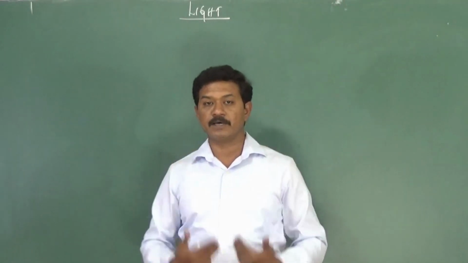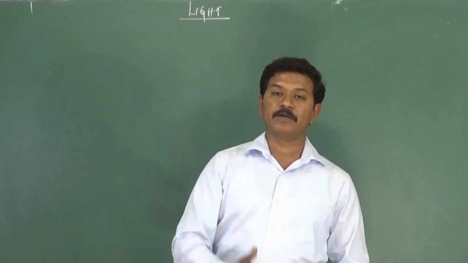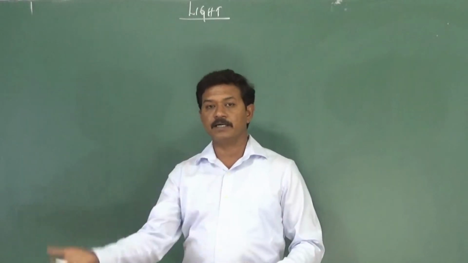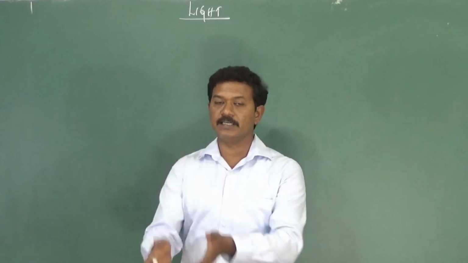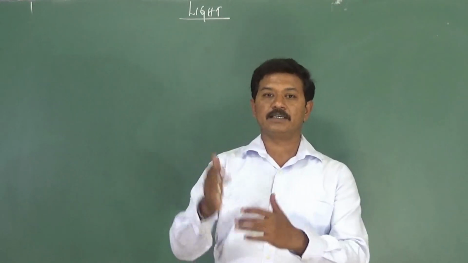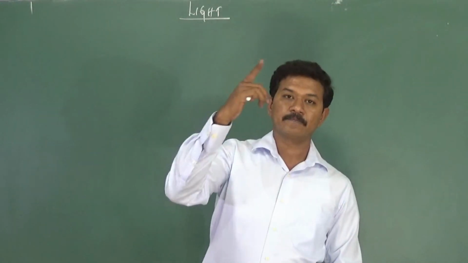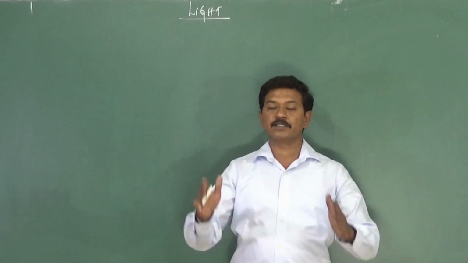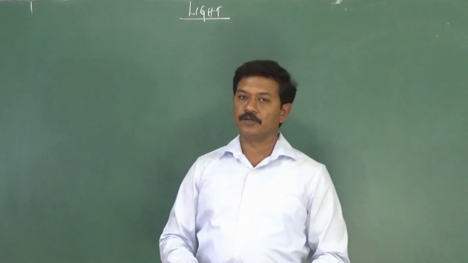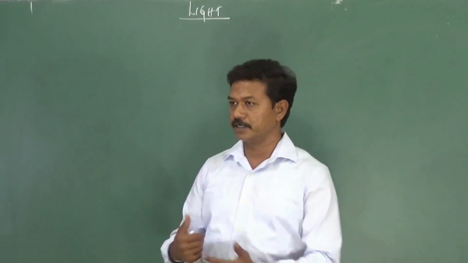According to Max Planck, light exhibits the properties of both wave nature and particle nature. Whichever property of light you are studying, keep in mind that light is also particles, and light is also wave. So it is dual in nature. This was the theoretical background.